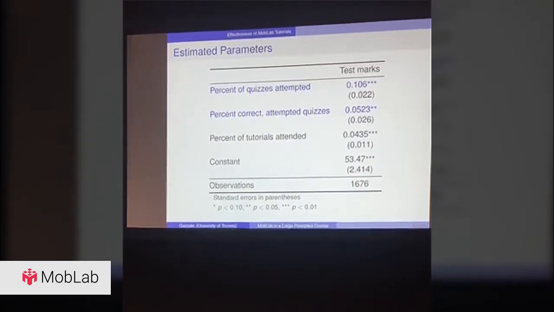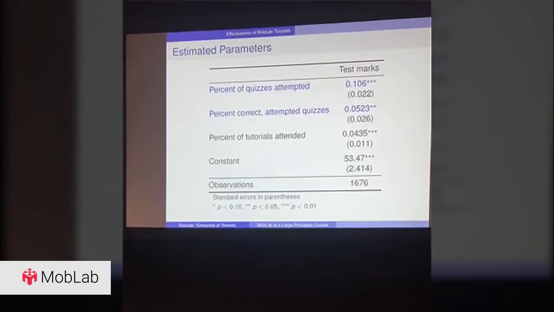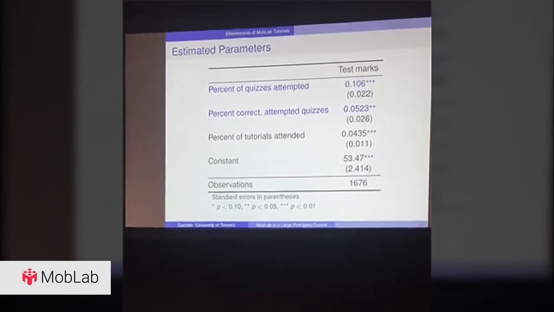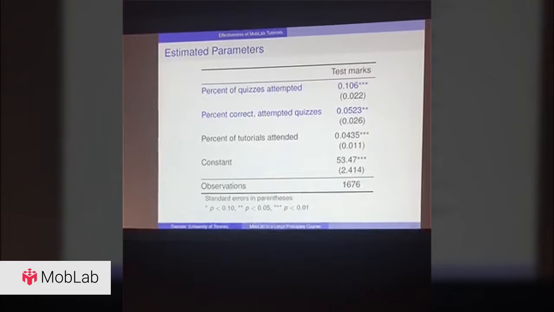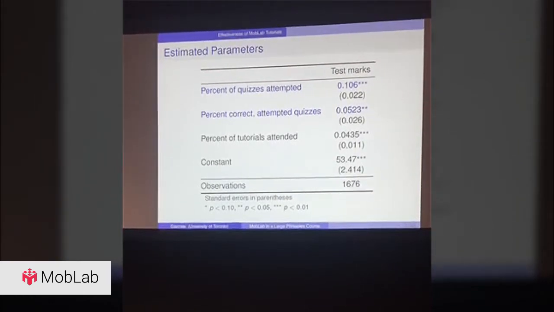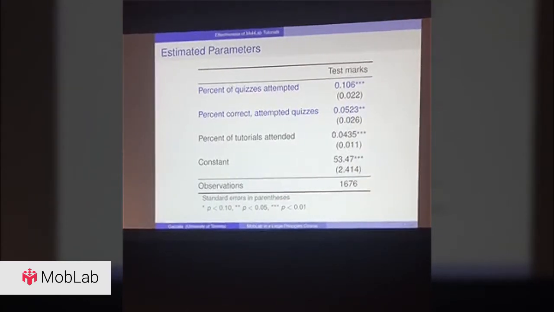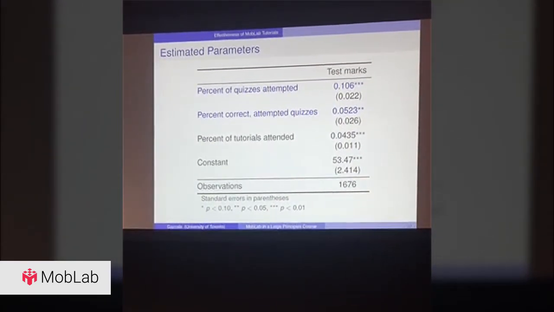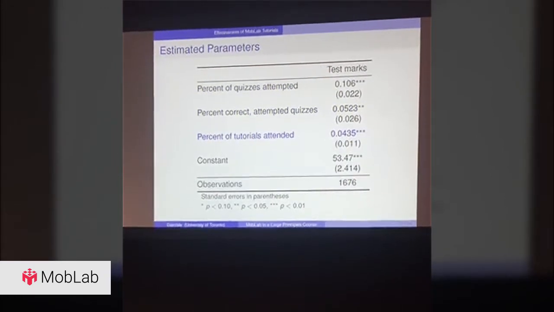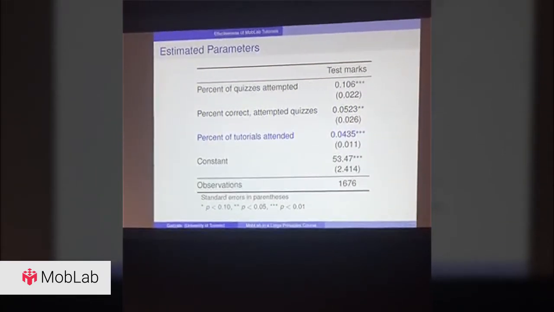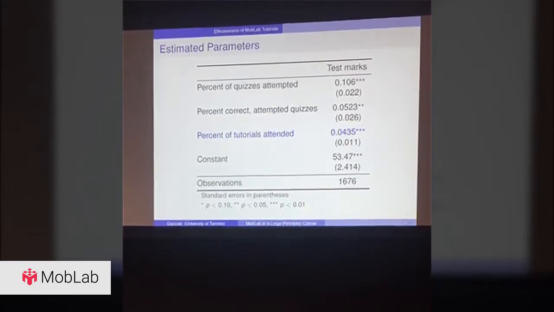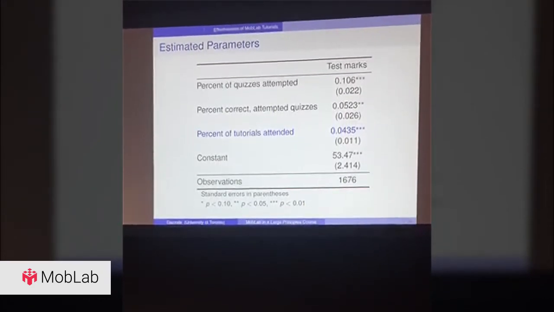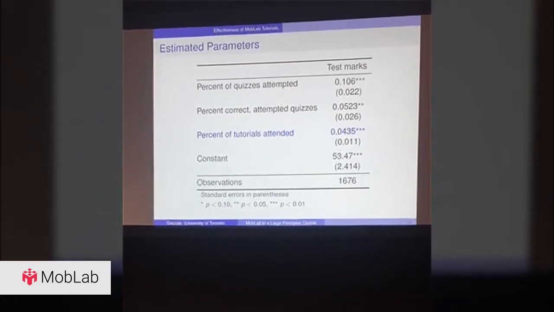What I also find is that actually attempting the quiz, even when controlling for the grade on the quiz, a student attempting to solve these problems on a quiz actually improves their performance on the subsequent test, or is correlated with improved performance on the subsequent test. In this same model, I also put in the percent of tutorials attended since the last term test, and I find a significant effect here as well.